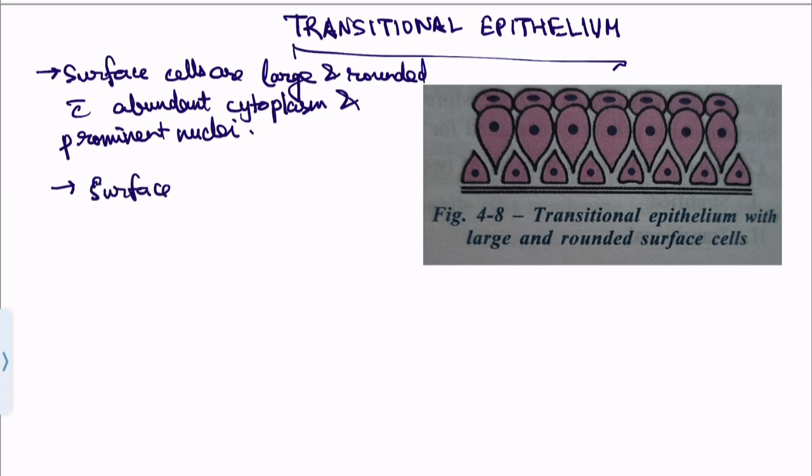Surface cells are connected by tight junctions. I hope you know what tight junctions are, right? You have different types of cell junctions, tight junctions, desmosomes, etc. I hope you have studied it in class 11 and 12.